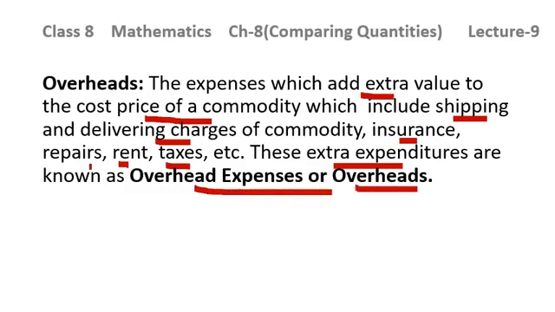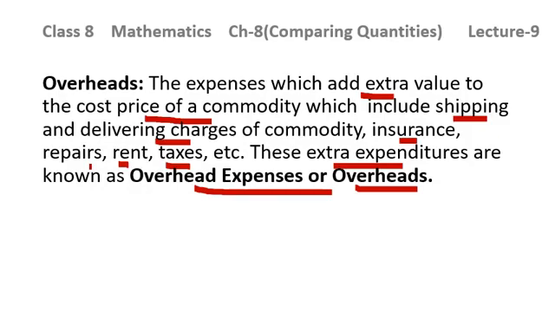For example, if you are purchasing an article for rupees 500 and you are paying rupees 50 as transportation charge or any other delivery or shipping charge, then your total cost price will be 550 rupees, and your profit or loss will be calculated on this 550 rupees, not on 500.